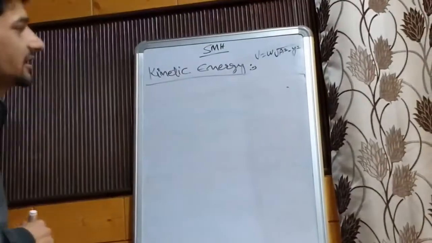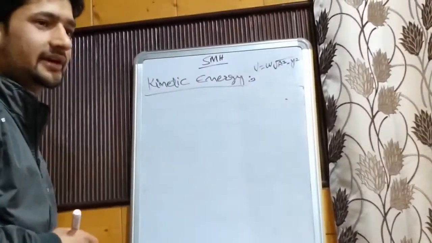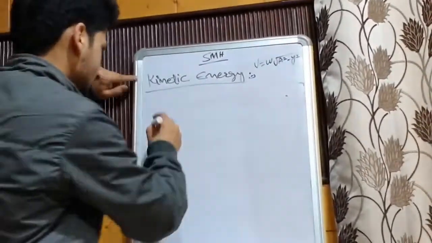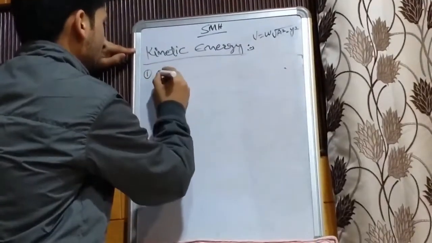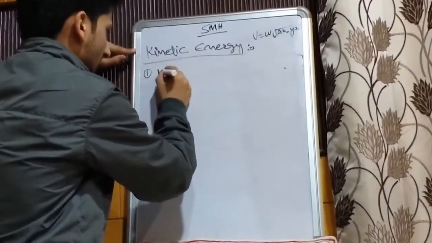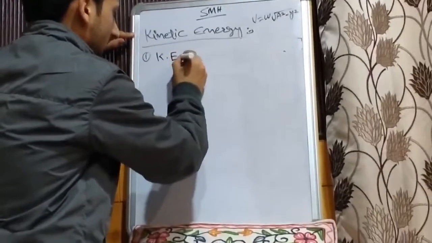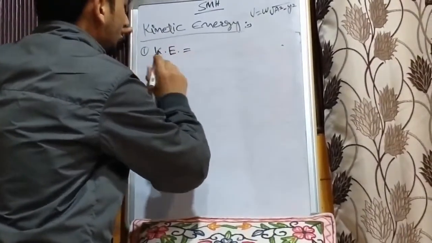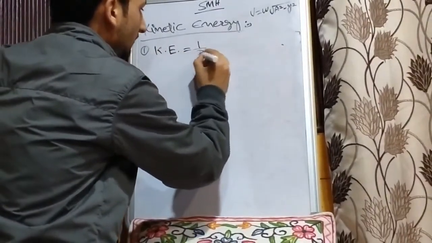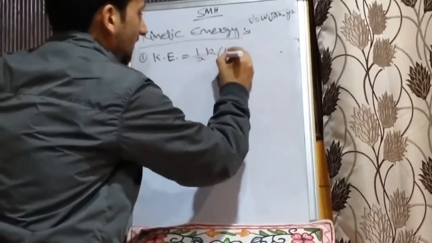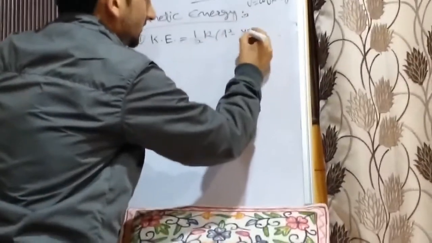Now let's study about the graphs related to kinetic energy. First, let's write the equation. Kinetic energy equal to 1/2 of k a square minus y square.